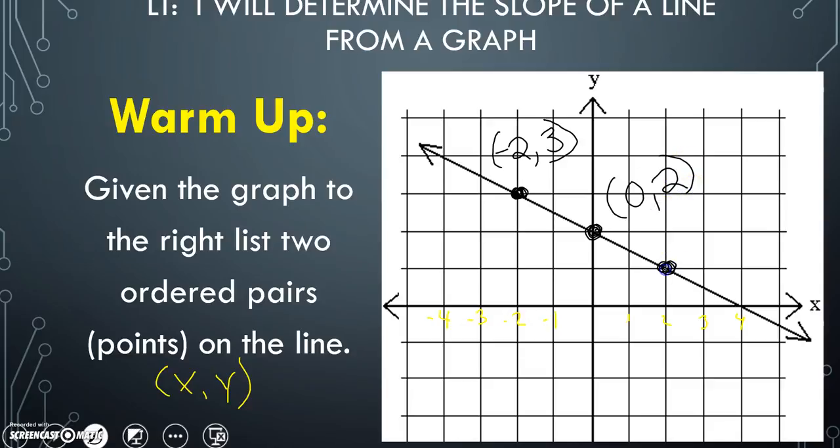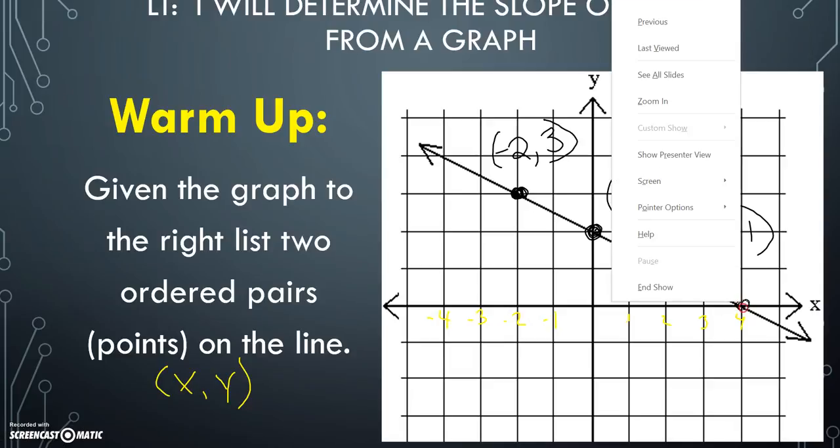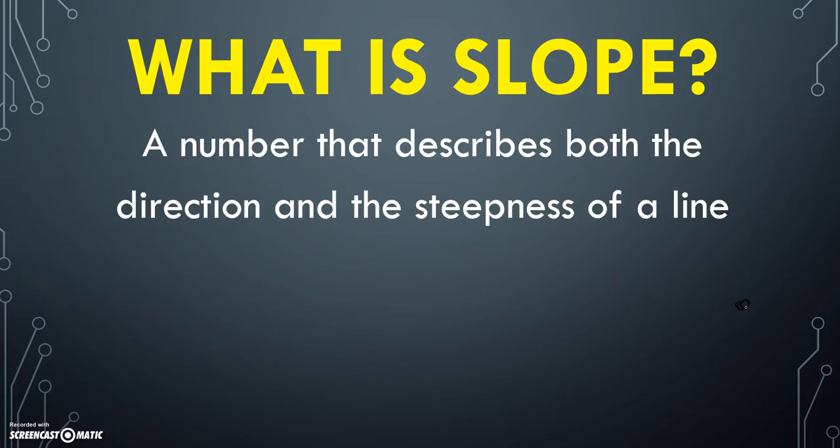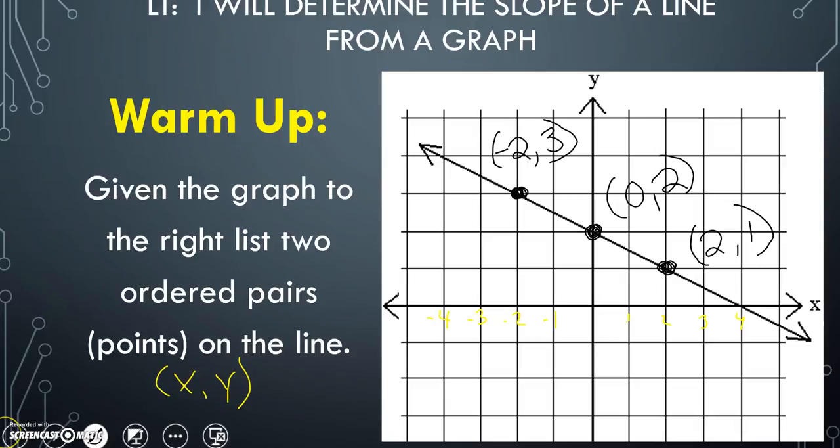Or you could have this point right here, which you go over +2 and up 1. Looks like you could have this point right here, which we could go over 4 and up 0. Alright, so those are the points that you could have listed. Make sure you have at least 2 of those listed.